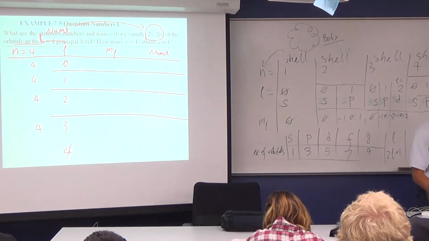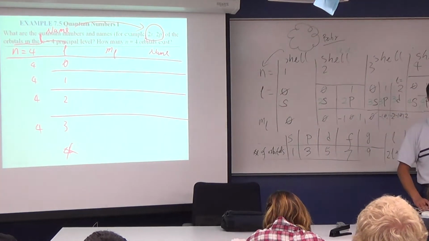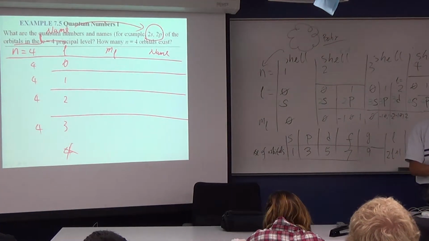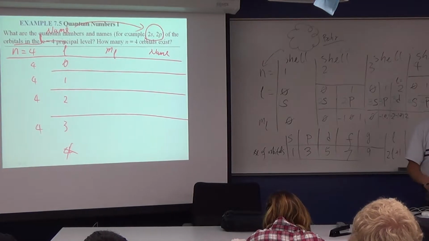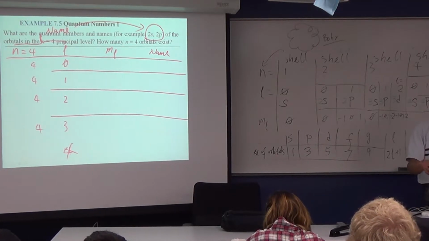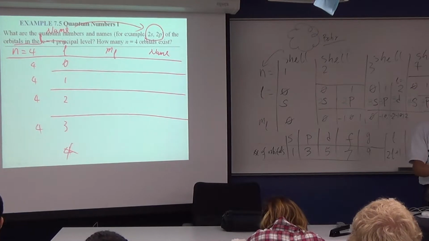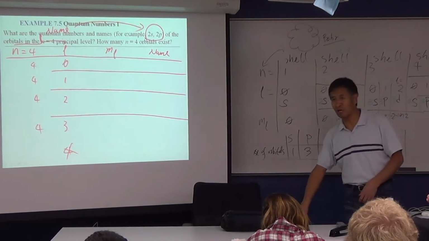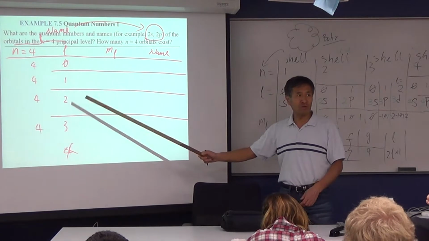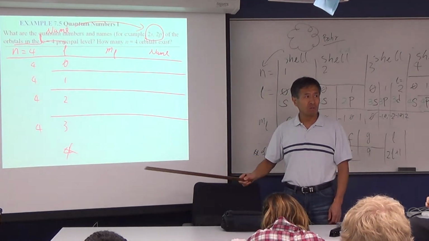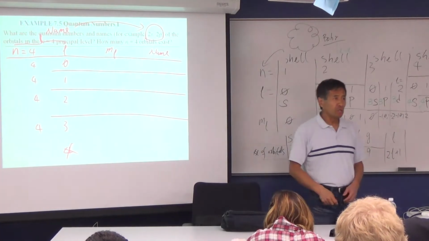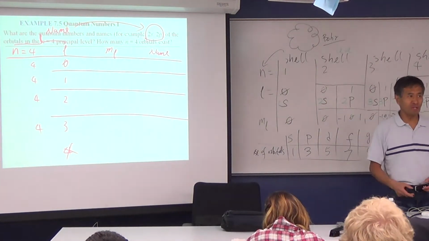So this one is not okay, right? If you have n equals 4, L cannot be 4. So the largest L is always 1 less than your n. If you tell me your n is 5, you cannot have 5 for L. You can only have 4 or smaller. Don't be bothered, but you can have multiple. If I have n equals 4, I can have all these 4, it's okay for L. So you just think about them one pair at a time, sometimes all the 3 pairs at one time.